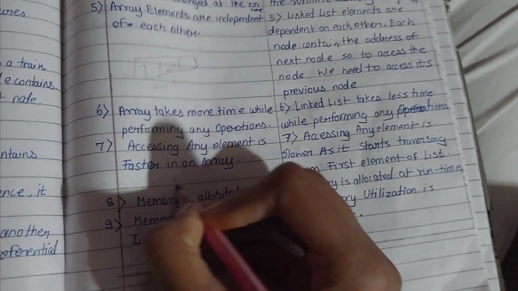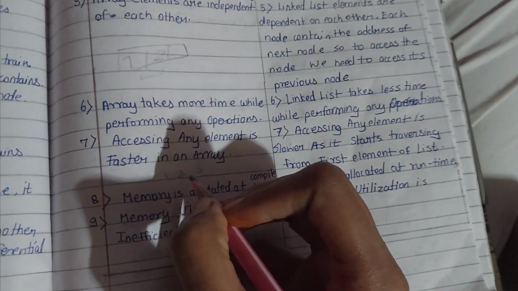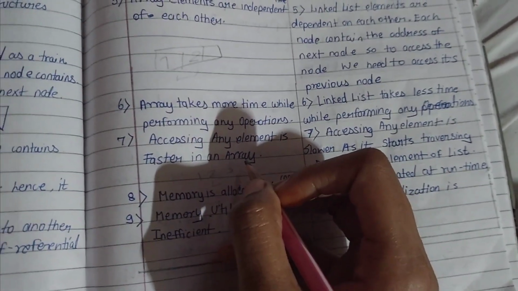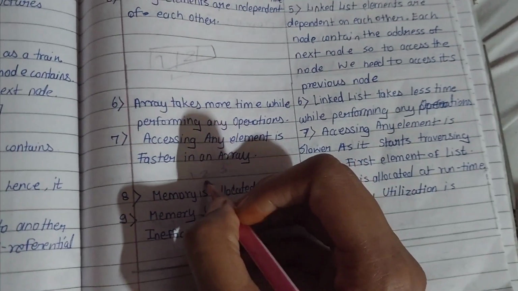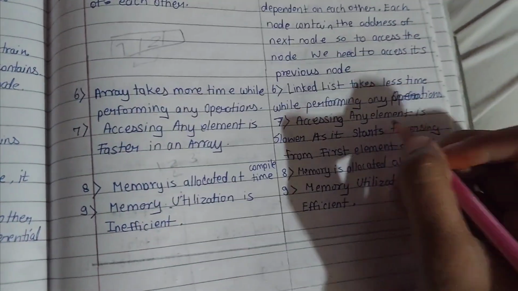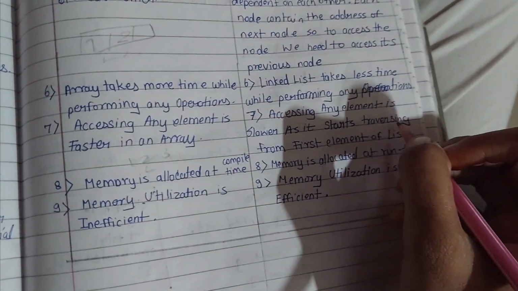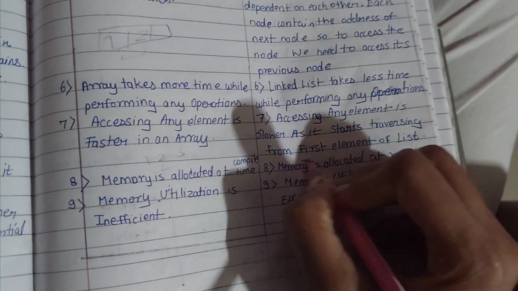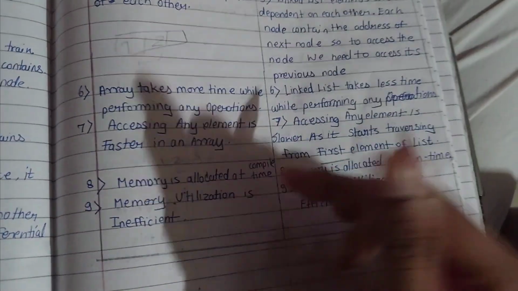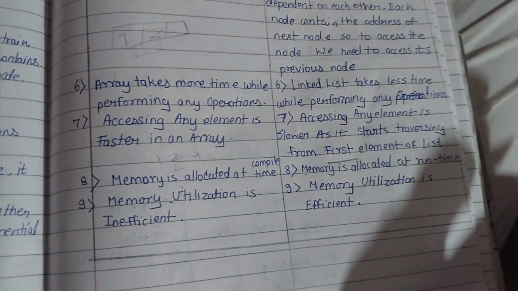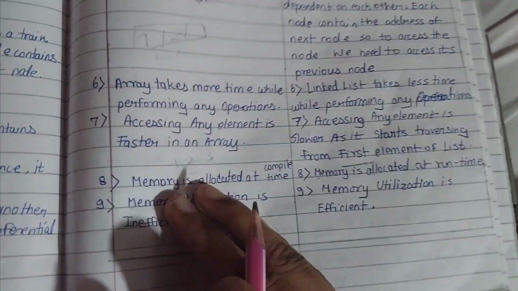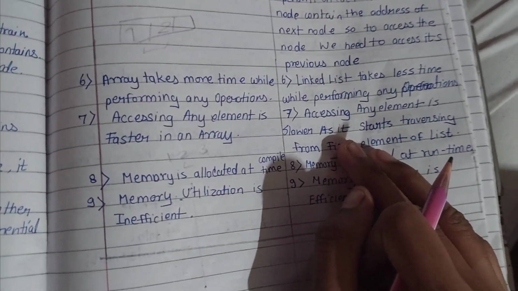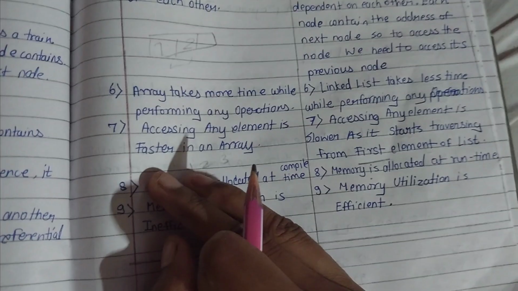Given an array 1 2 3, if you have to access an element like 2, you can directly access it with its position. But in a list, you have to start from the first element so that you can reach that particular node. This is why accessing an element is slower in a linked list while it is faster in an array.